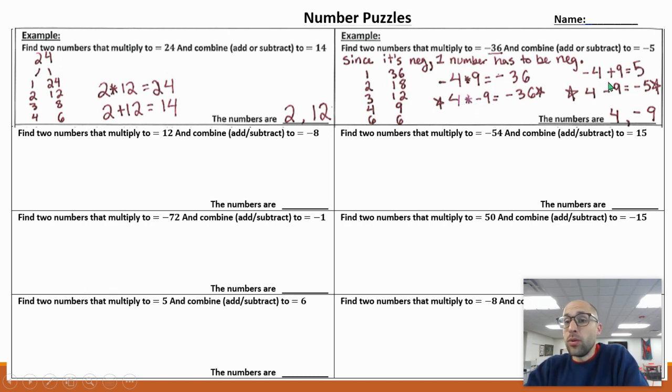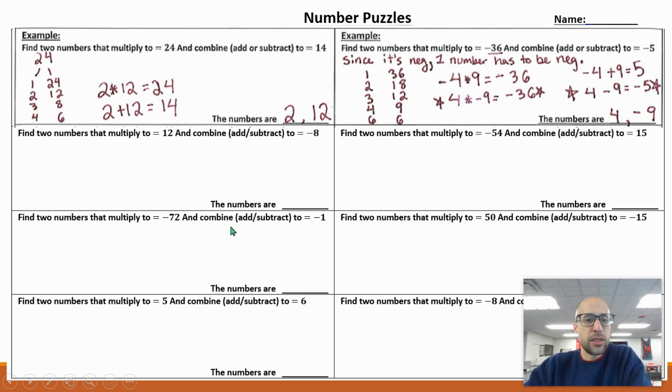When you add them together, you get -5 if you make the 9 negative. So these two both multiply to -36, but when you combine them together, one of them is positive, the other one's negative. We want the one that adds up to -5. So 4 and -9 is your answer there.